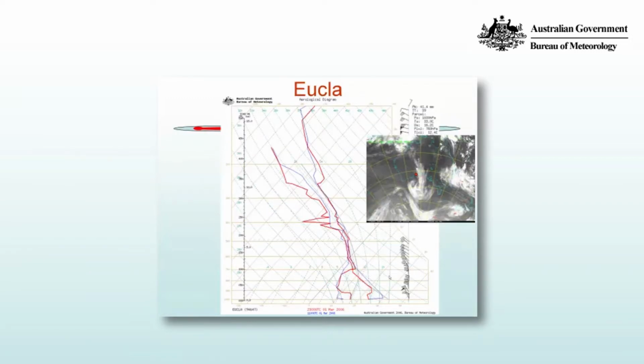Let's move to Eucla. Well, this is altogether clearer: there's a saturated layer starting at about 10,000 feet and going up to 22,000 feet, and then there's some separation. There's a dry slot, a region of fairly dry air between about 22 and maybe 25,000 feet, and then a layer where the dew point depression is relatively small, and it might be the case that there's ice cloud through there.